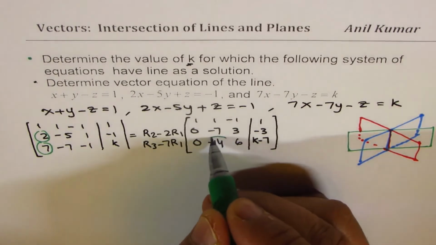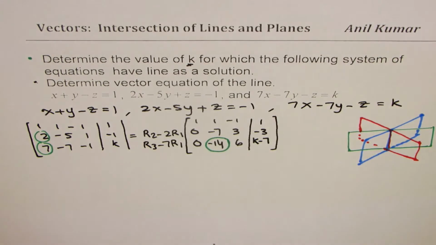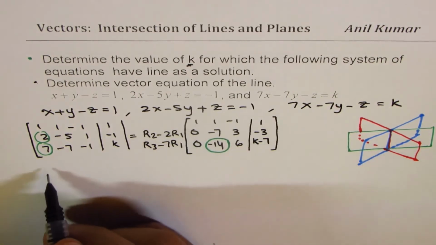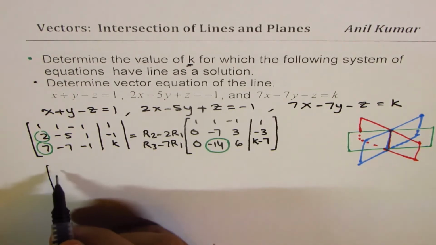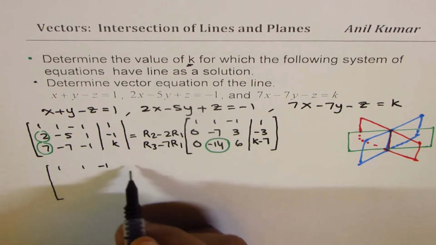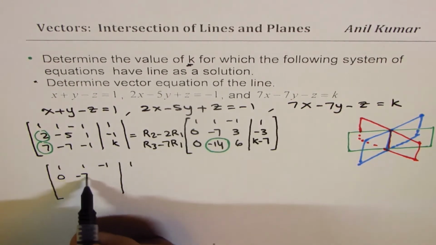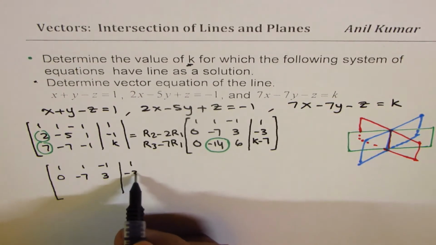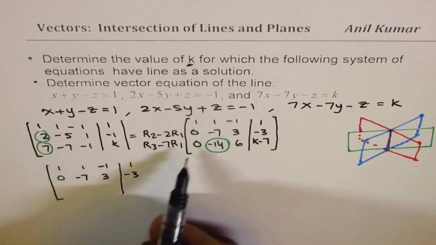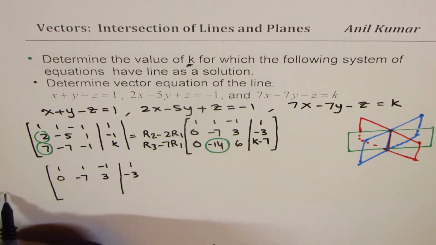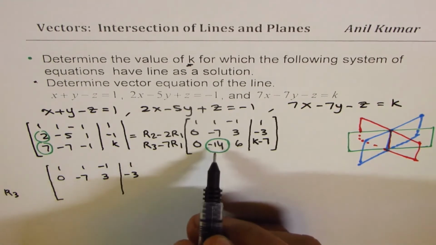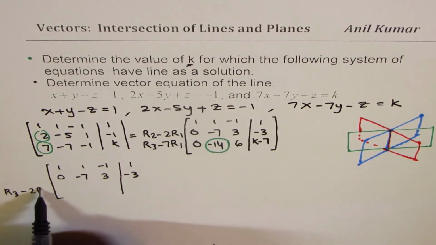How can we do so? We'll copy the first two rows as such: 1, 1, minus 1, and 1, and 0, minus 7, 3, minus 3. To get this 0, we will use R3 minus 2 times R2.